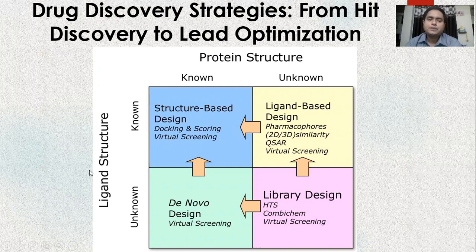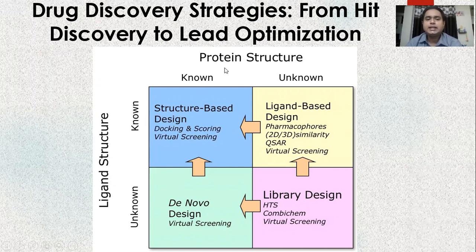If you don't have a protein structure and do not want to predict one, then you can go for the ligand structure. And there is ligand based drug design also, and there are various tools and software available for ligand based drug design.